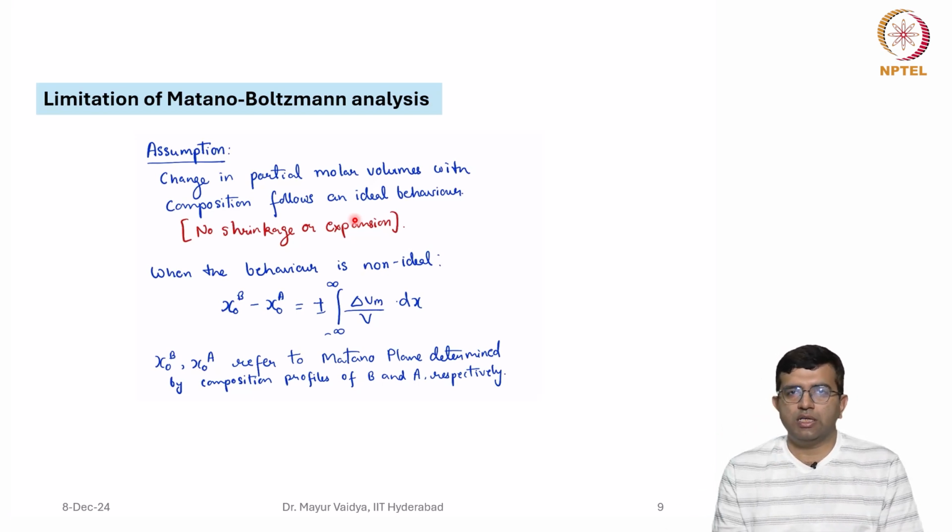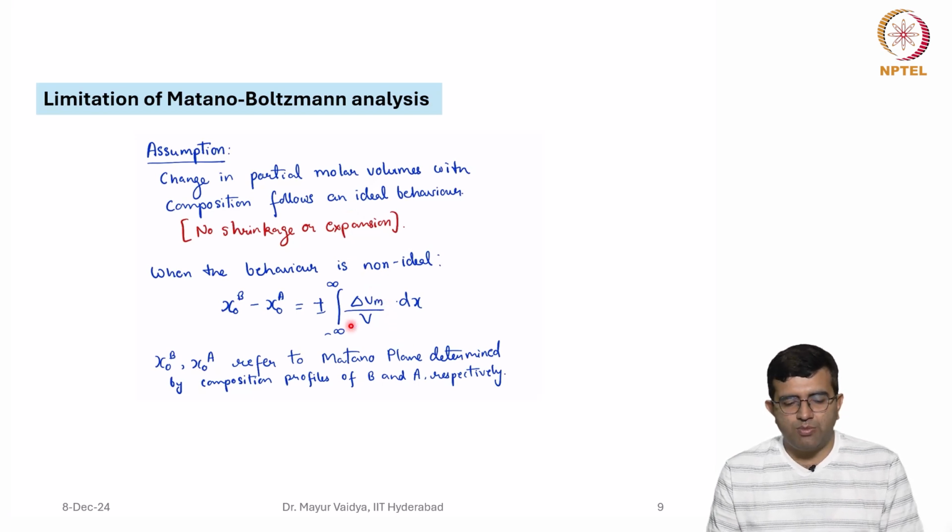In fact, there is a derivation for this. I have not gone into the detail of this, but I am just giving you the formula directly. So x naught determined by the B profile minus x naught determined using the A profile is equal to plus minus the integral from minus infinity to infinity of delta Vm by V dx.